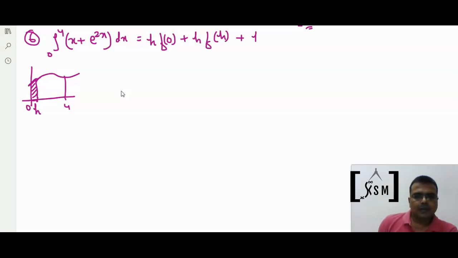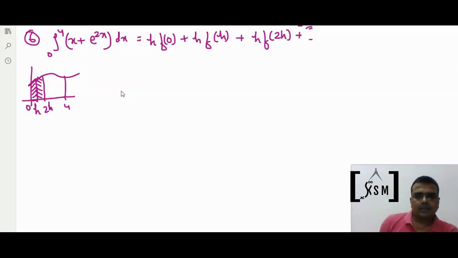And the third rectangle, width would be h. This was the second rectangle. This is h. This point is 2h. So for the third rectangle, the height would be f of 2h.